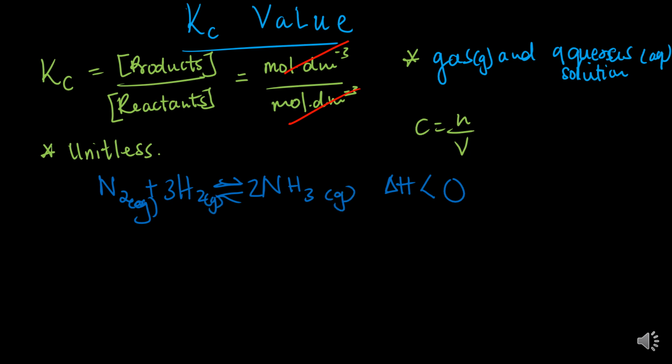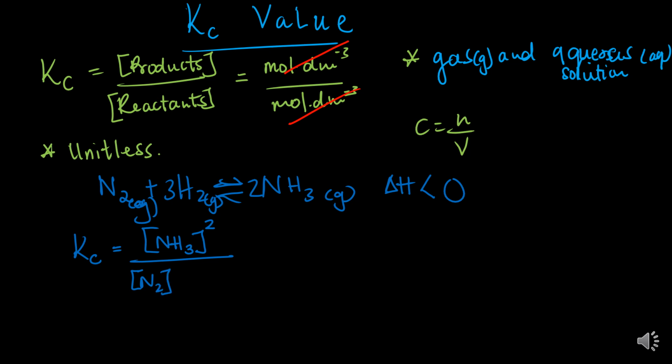Again, concentration of the products over reactants. So my products would be the NH3. When you write the Kc expression, you write the concentration, and the exponent is the mole ratio. So it's the concentration of NH3 raised to the exponent of 2, over the concentration of N2.